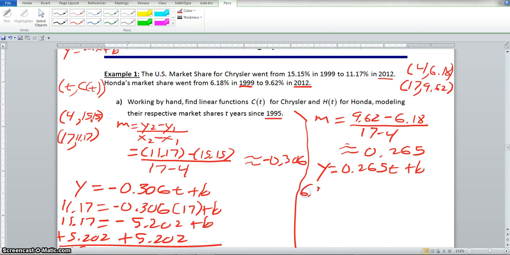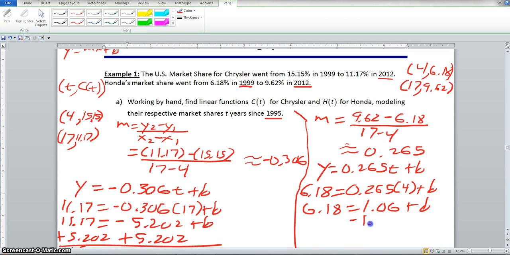So we'll have y is 6.18, and then we'll substitute in for t, 4, because remember, we're solving for b. When we multiply this, we have 6.18 is equal to 1.06 plus b. We'll subtract 1.06 on both sides, and this will give us 5.12 is equal to b.